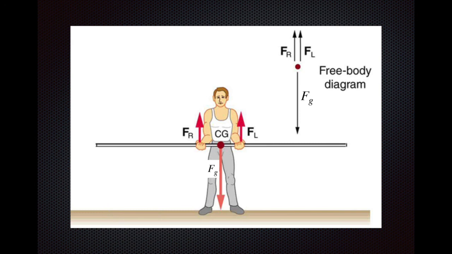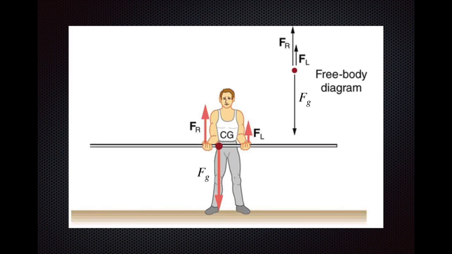If he's holding the pole with his hands equidistant from the center of mass, then his right hand and his left hand can apply equal forces and therefore equal torques that are equal in magnitude but opposite in sign. So the pole won't rotate. They just need to add up together to balance out the force of gravity.